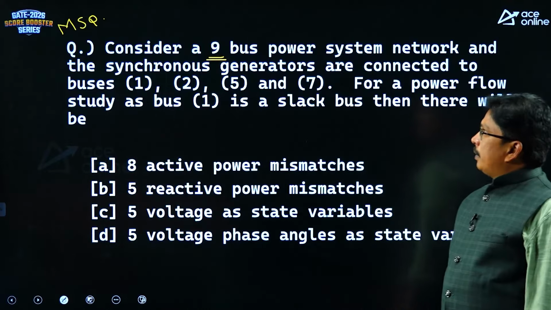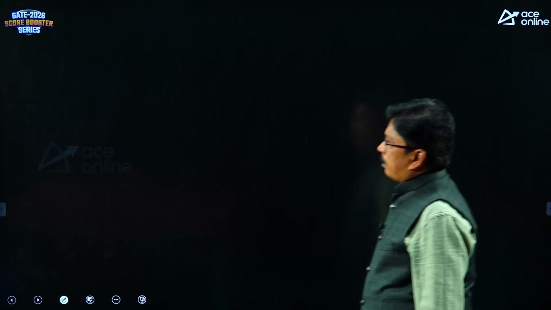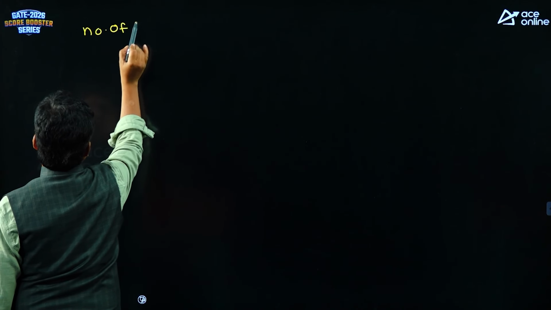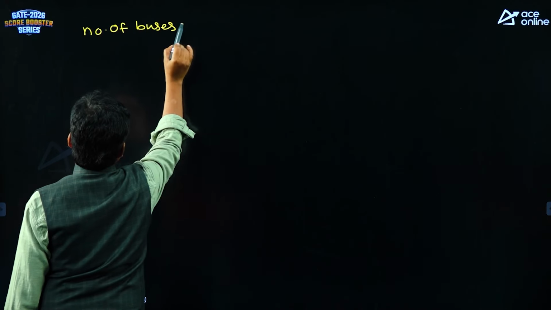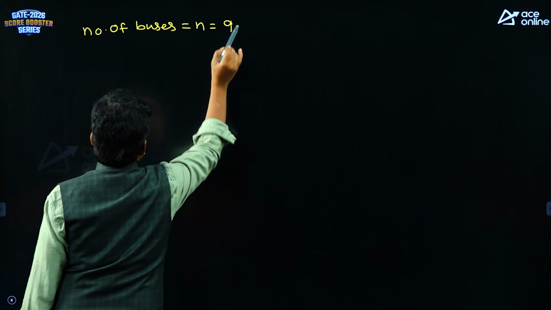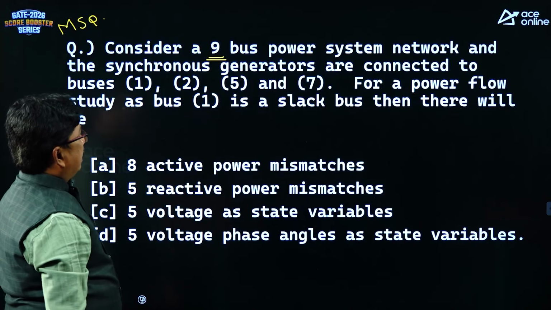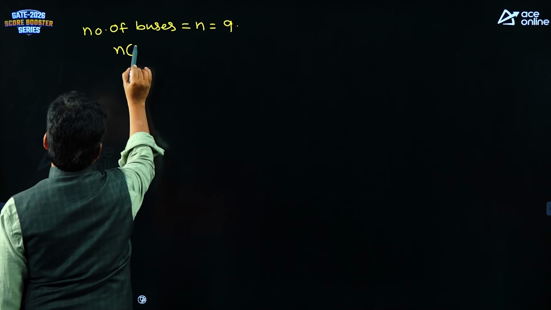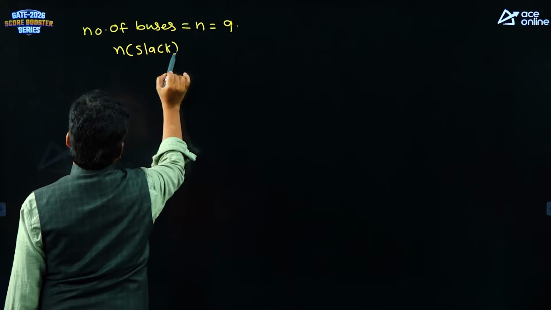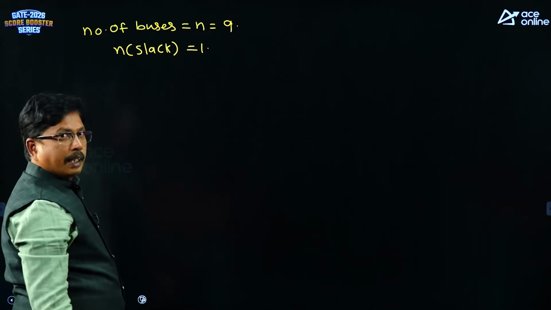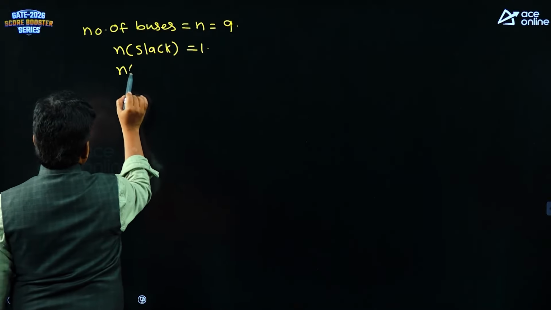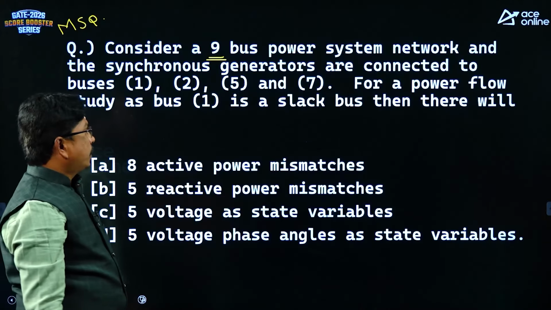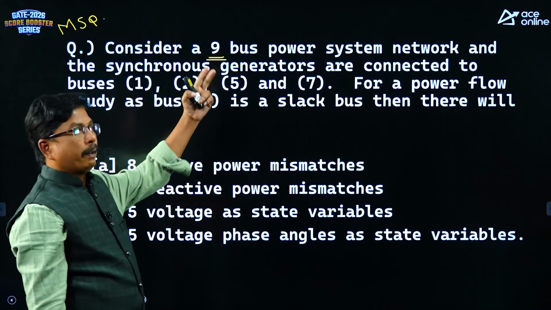We are having a 9-bus power system network, so the number of buses N is equivalent to 9. Number of slack buses is 1, that is bus 1. Number of PV buses, where generators are connected, are 1, 2, 5 and 7.